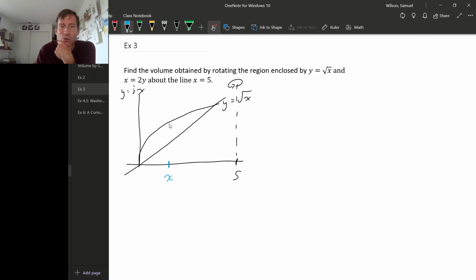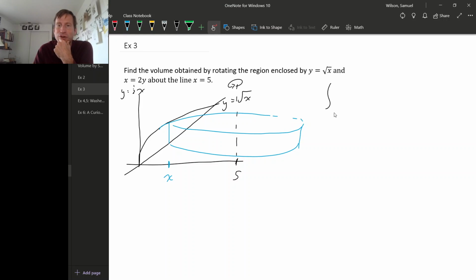That means we're going to get one vertical cross section for every x value, and these cross sections are going to swing around and make these cylindrical shells like this. Okay, so we're just going to integrate from whatever our bounds are. We're going to integrate 2 pi times the radius of a shell times the height of a shell dx.